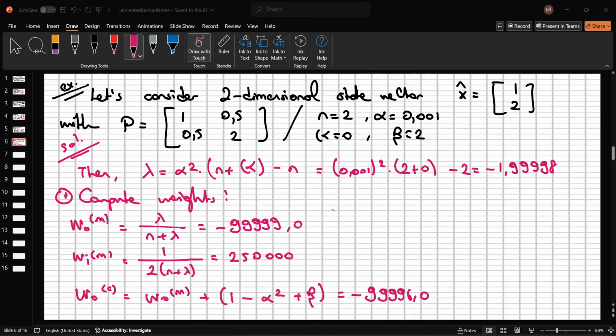After that, we need to compute the S matrix, but in the square root form.